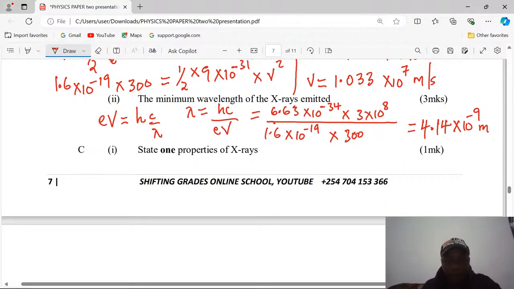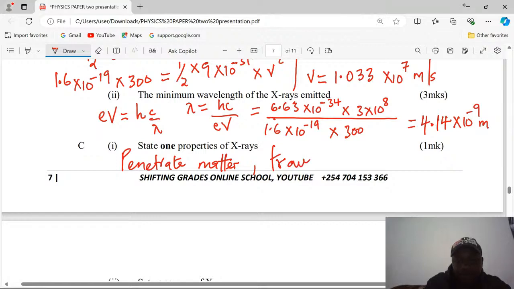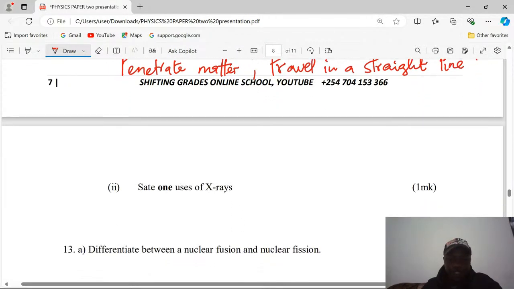State one property of X-rays. X-rays can penetrate matter. X-rays travel in a straight line. X-rays have many properties, kindly refer to your notes.